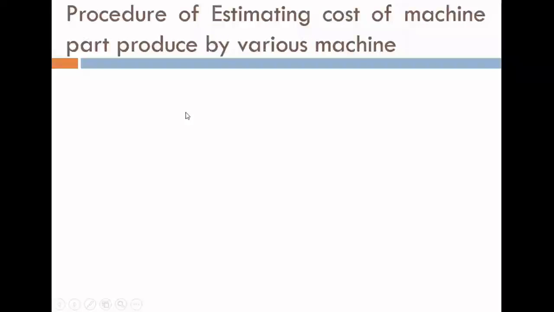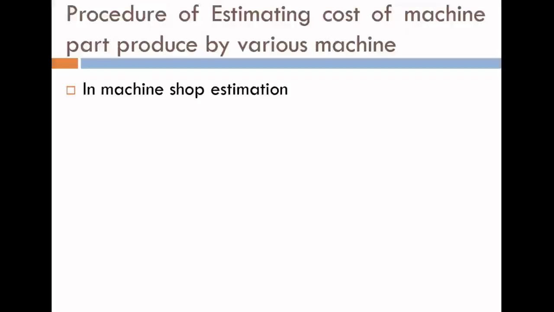Procedure of estimating the cost of a machine part produced by the various machines. In the machine shop estimation, there are various operations like turning, knurling, facing, drilling, boring, reaming, threading, tapping, then milling, grinding, shaping, planing, broaching, slotting.